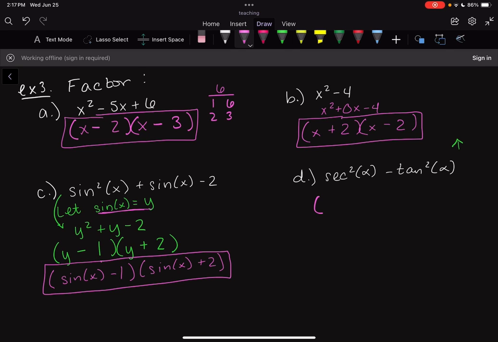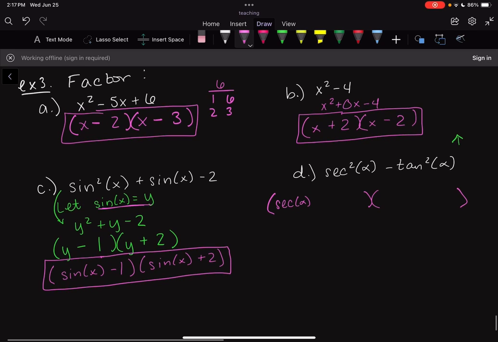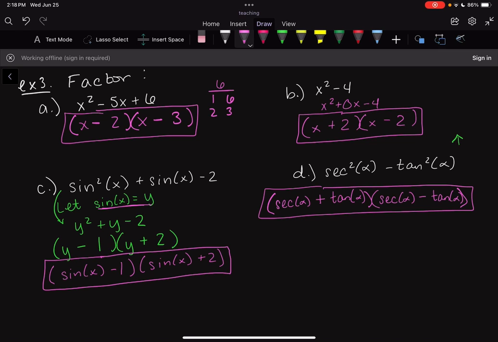So this one would be, needs more space than that, secant alpha and secant alpha, opposite signs. And then to get to tangent squared, it'd be tangent and tangent. And that's it for that one.